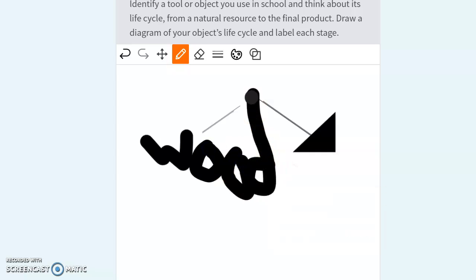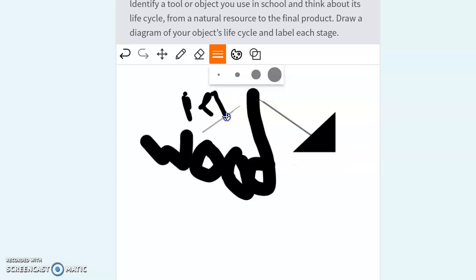Yours looks better than mine, but wood is right here and the pencil. Maybe I can make it a little bit smaller here. Pencil. So then there's an arrow, and then you use it in the classroom, right?